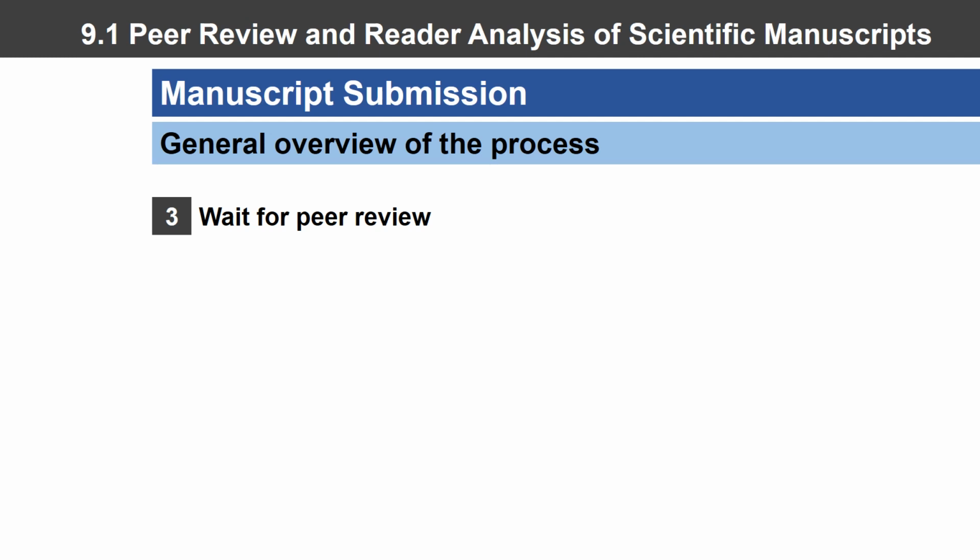And so the editor is going to assign your manuscript article to folks in your field. And again, this is a volunteer service in most places, to either 2 or 3 scientists in the field. Depends on the journal. Sometimes there's 2 reviewers and sometimes there's 3.